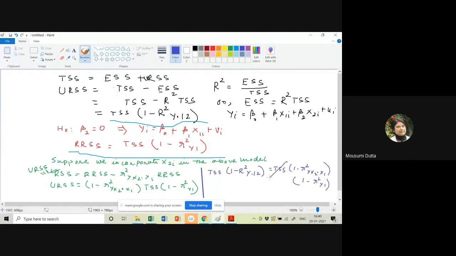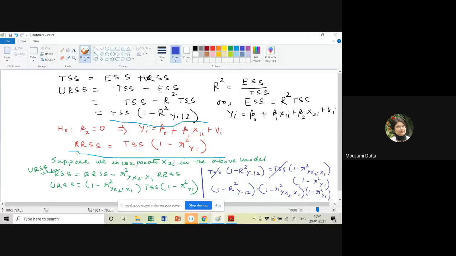So we cancel TSS from both sides and we get the relation. So this is the relation between multiple R square, simple R square and partial R square.